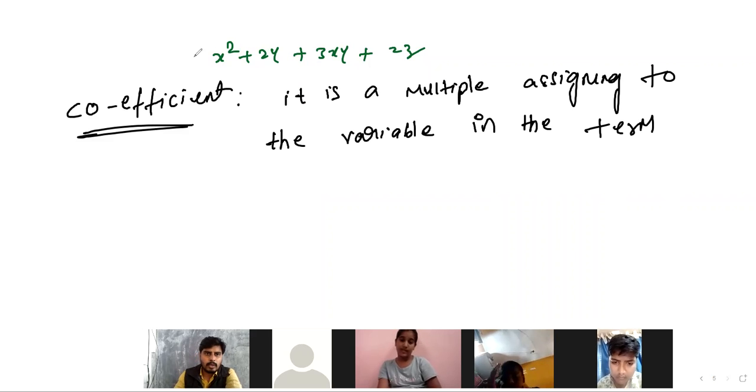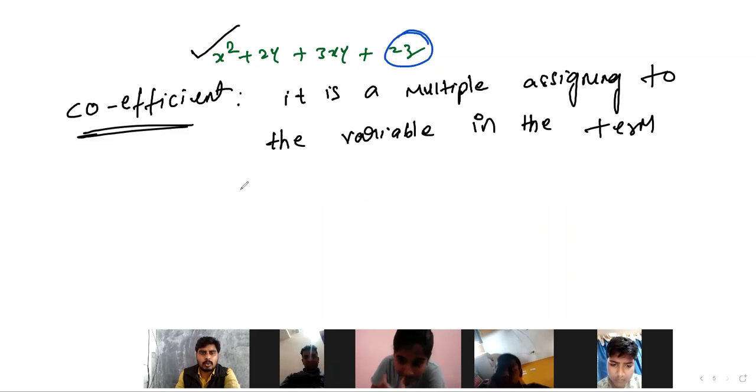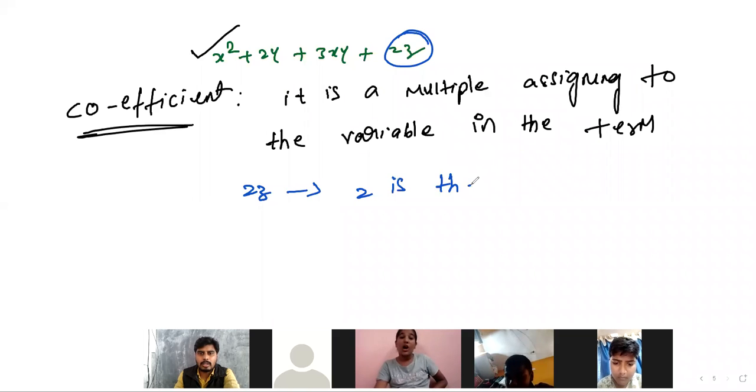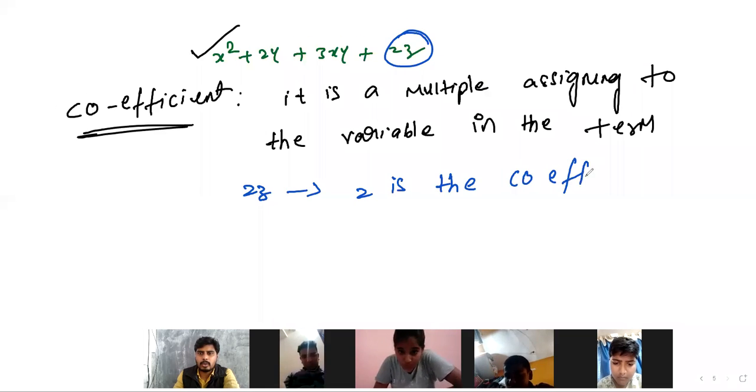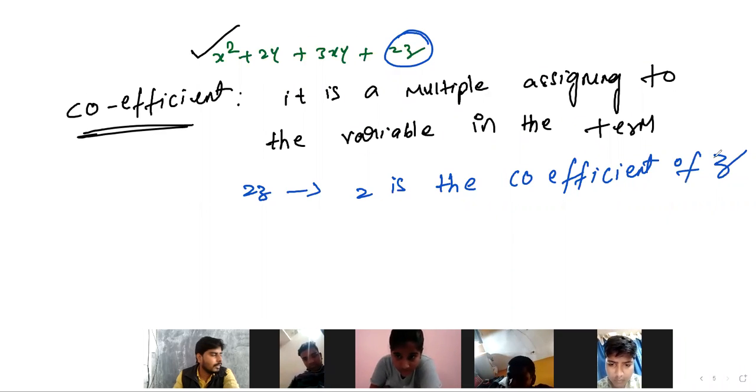Look at this example, x square plus 2y plus 3xy plus 2z. Take the last term, 2z. Here 2 is the coefficient of z.